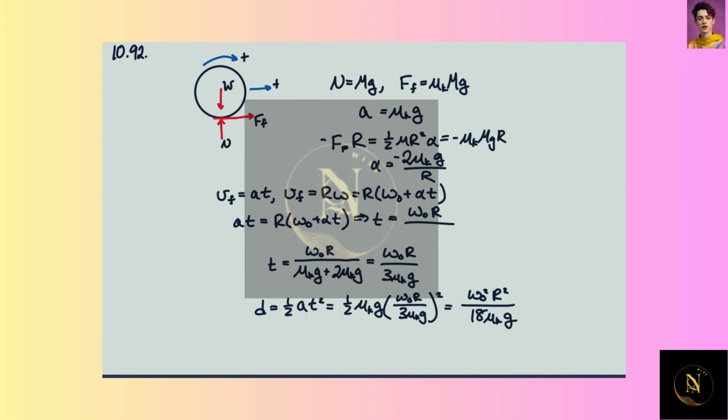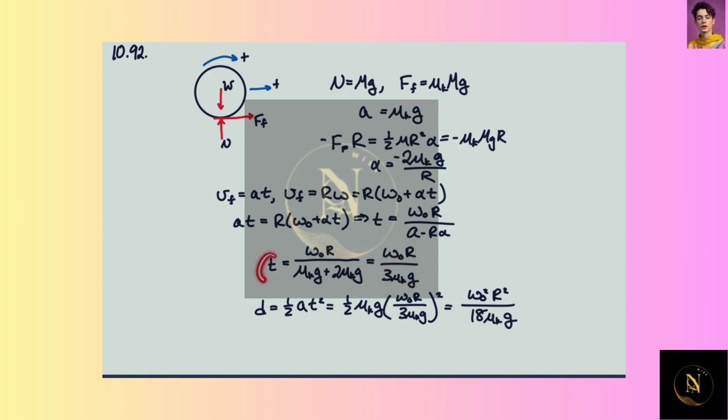Solving for t, we get, what did we have there? Yeah, so a minus r alpha. Yeah, there we go. Now, we can plug things in. So we can plug a in, we can plug alpha in, and then after we simplify, we get t equals omega naught r over 3 mu k g.